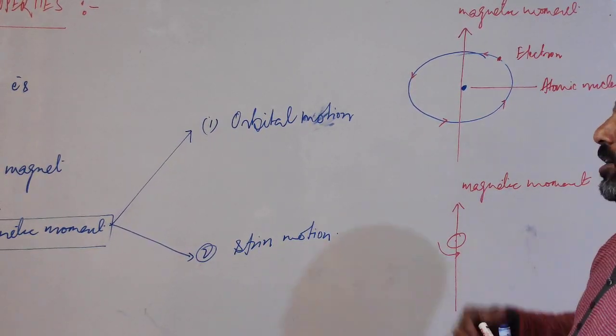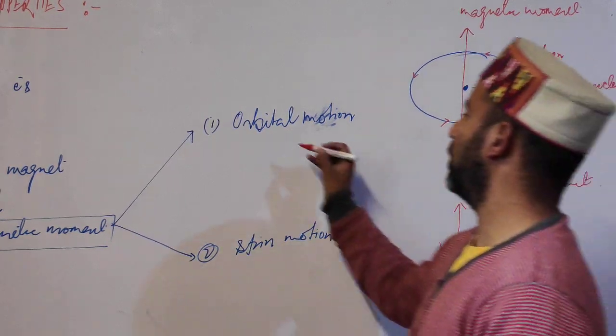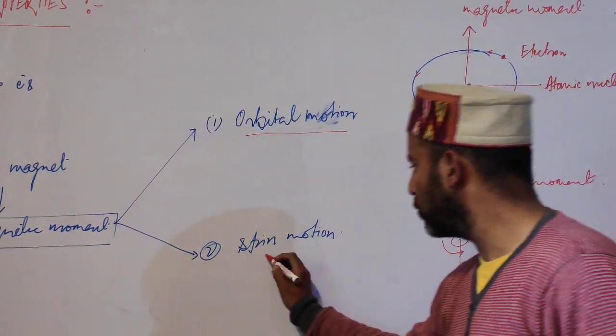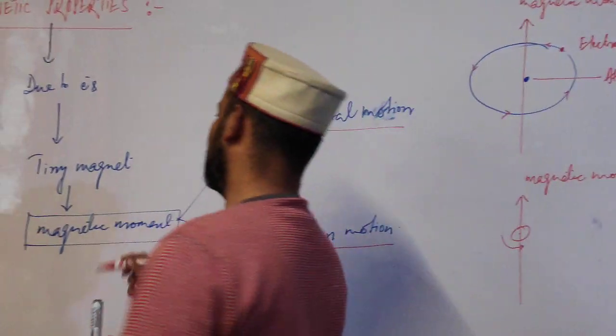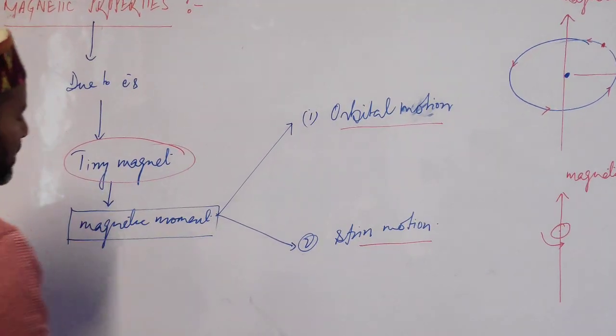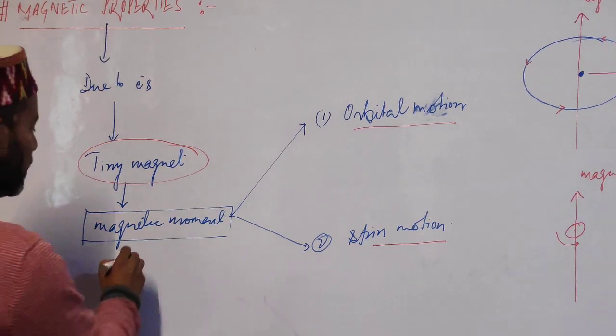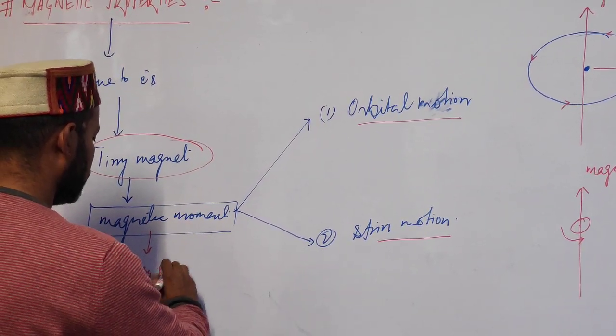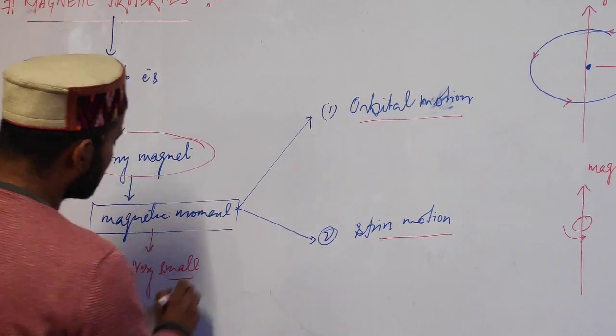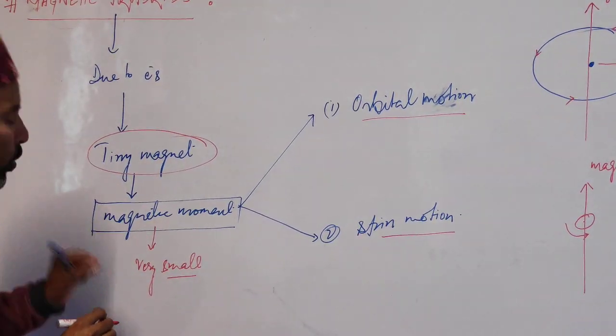So the magnetic moment is due to either orbital motion or spin motion. Now students, let me tell you, since an electron is a tiny magnet, the magnetic moment value associated with an electron is very small, and we express it in units of Bohr's magneton.